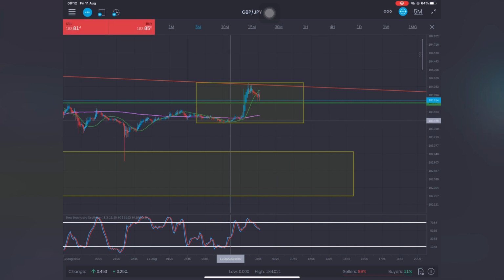6 a.m. to 8 a.m. box, and then you wait and see what's going to happen, and then you can place a trade away from the box.